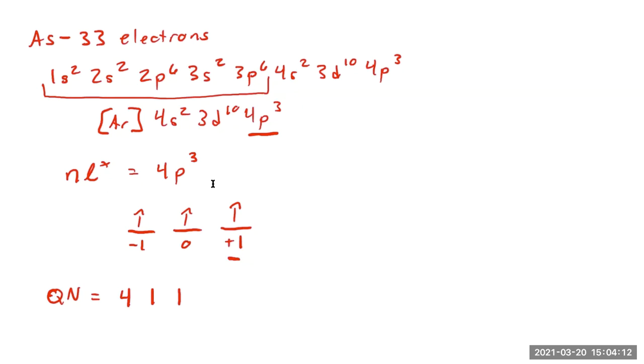And then since the electron's pointing up, that becomes a +1/2, or we can just write 1/2. So now we have our quantum numbers for arsenic. And then finally, is this paramagnetic or diamagnetic? Since those electrons are unpaired, we have a paramagnetic element here.